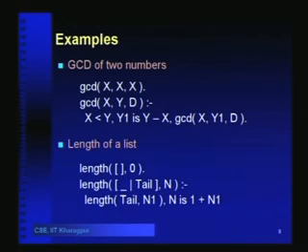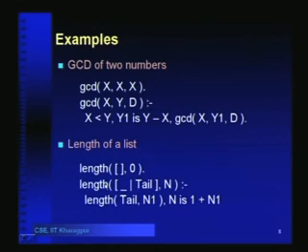Length of a list. Here what you should note is that in these two we have used the less than operator, and we have used is to evaluate the value of y minus x here. Similarly, here we are using the plus operator and the is operator to evaluate that. So what is happening here? We are checking the length of a list.